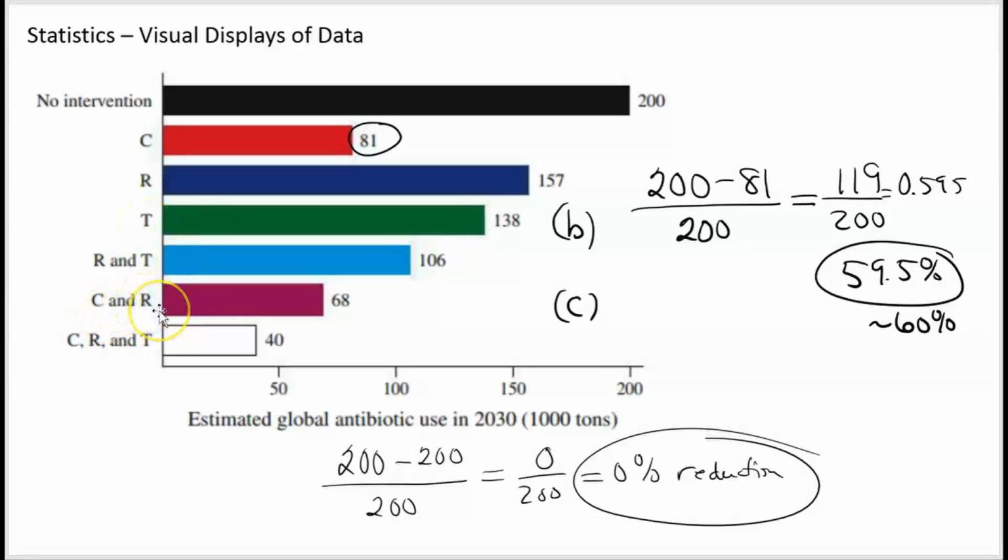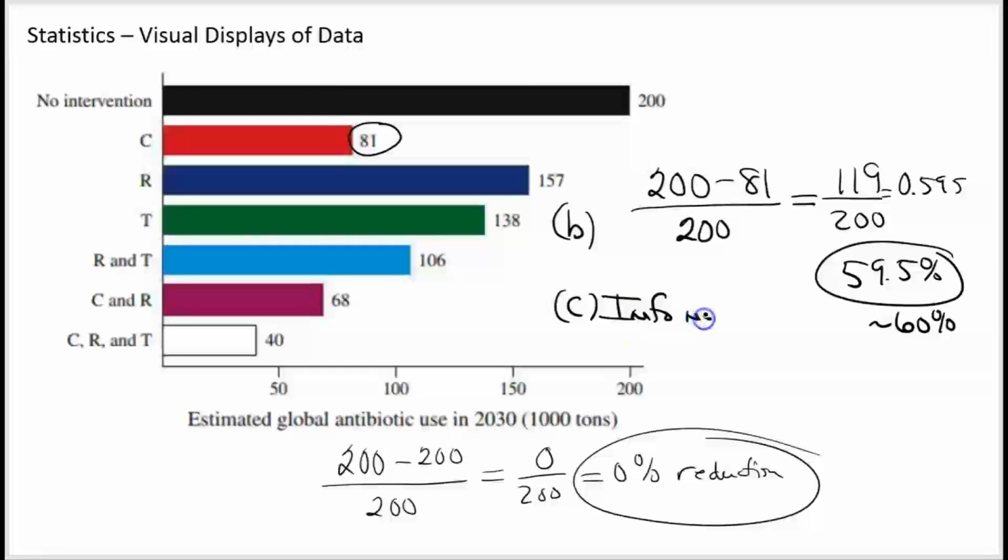They have C and R together, and C, R, and T. But no C and T. And there's no way I can look at C and T separately and determine that. I would have to know combined what effect that might have. And I just don't know because they didn't give us that information. So I'm just going to say information not available.